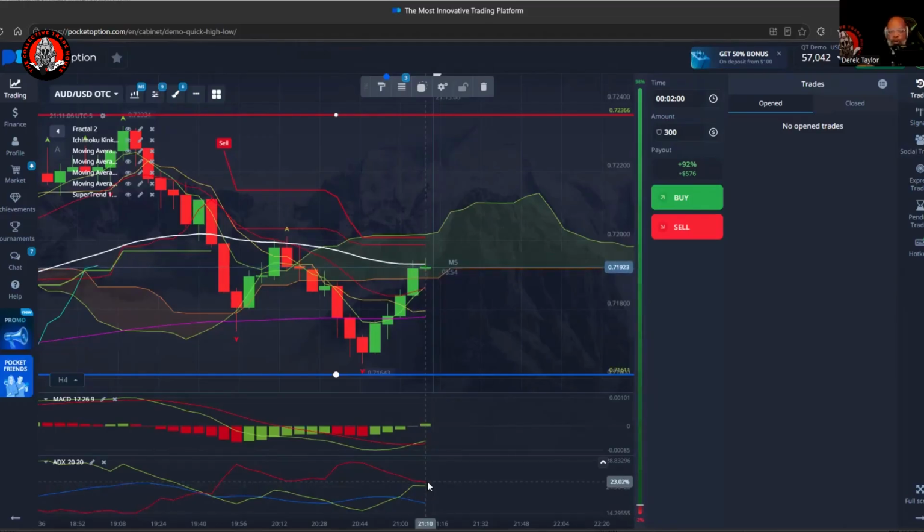So I need to make sure the ADX is operating above 20. In this case, this blue line represents the ADX. This green line represents the K signal, measuring buyers. And this line is the D signal, which is measuring sellers.